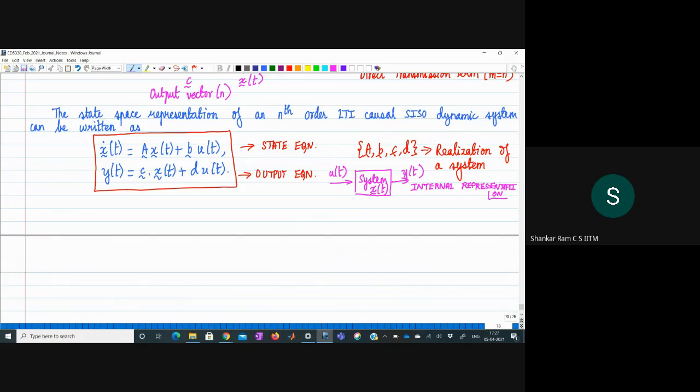Let us take the Laplace transform of the state equation and the output equation, one by one.